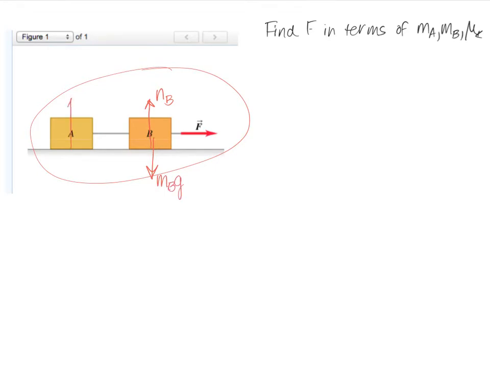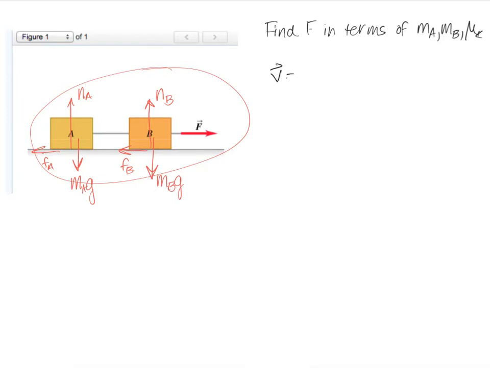I have the normal force on A and its weight. And then there's also the force of friction between each box and the surface, and I'm going to call these F sub A and F sub B. So those are all the external forces to the two masses connected together.